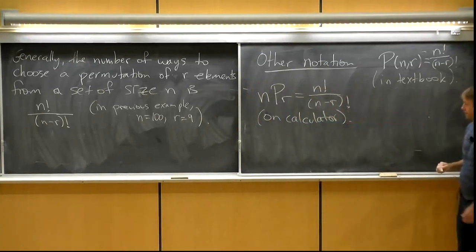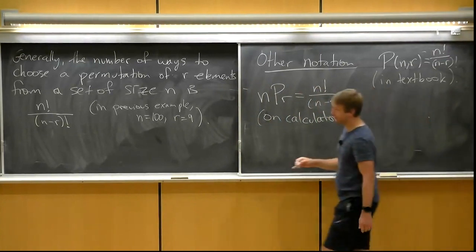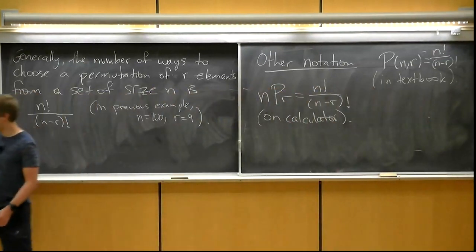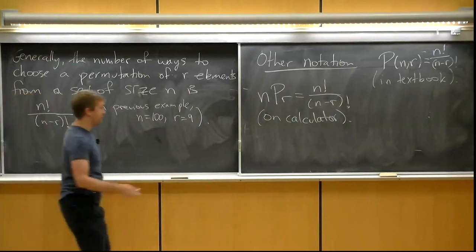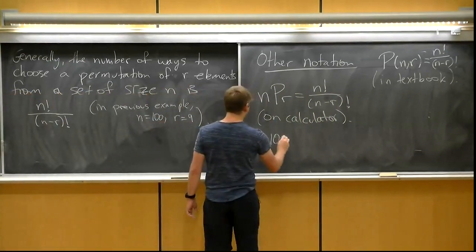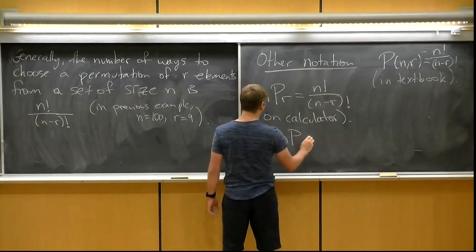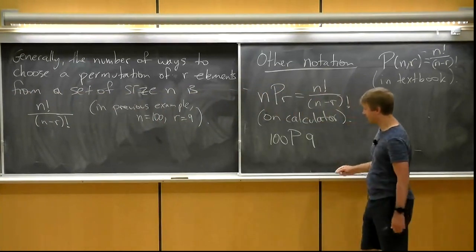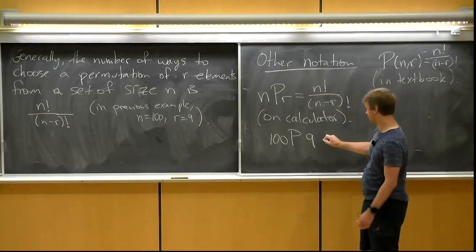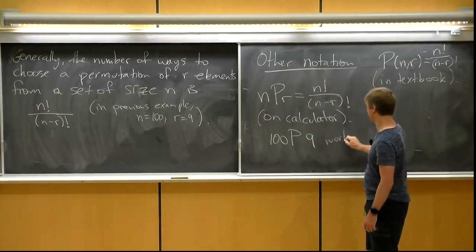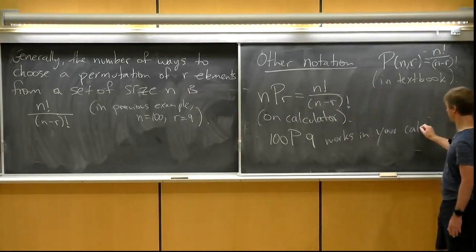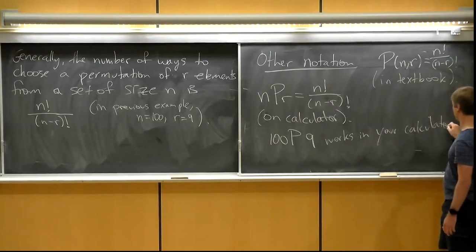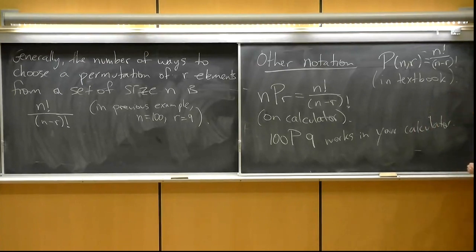So as was mentioned, if you try to put that in your calculator, it gives you an error. However, if you put 100p9 into your calculator, it actually works. It should give you a number.